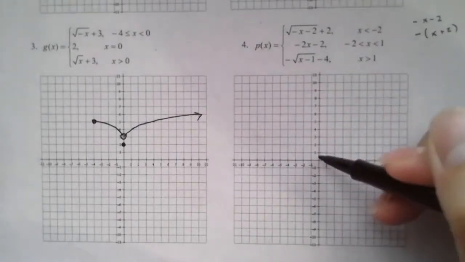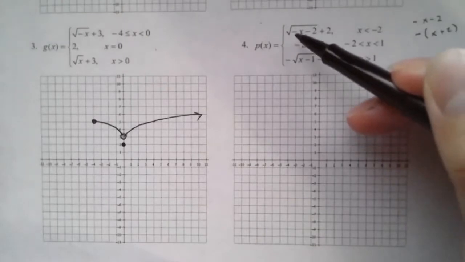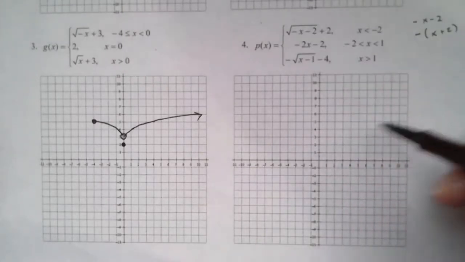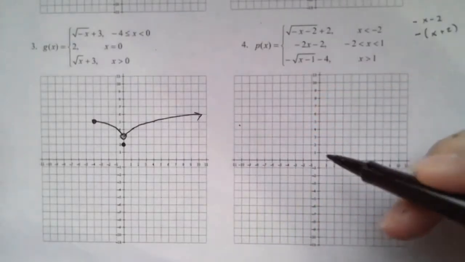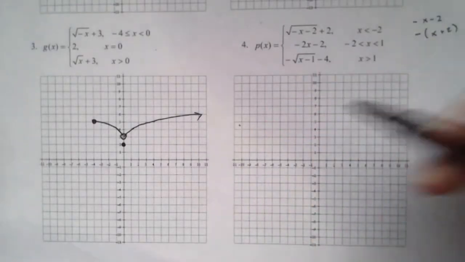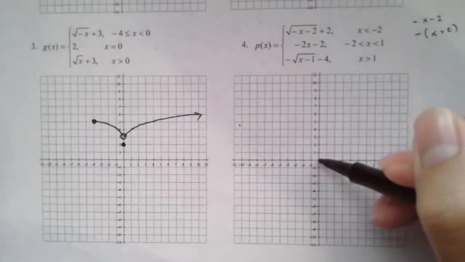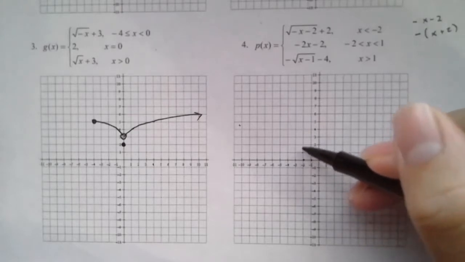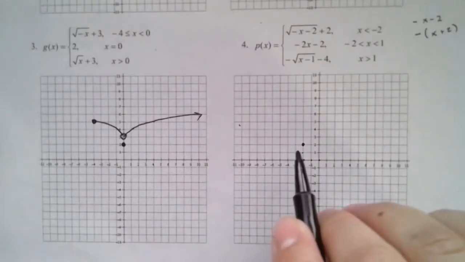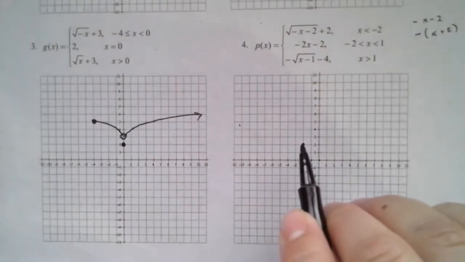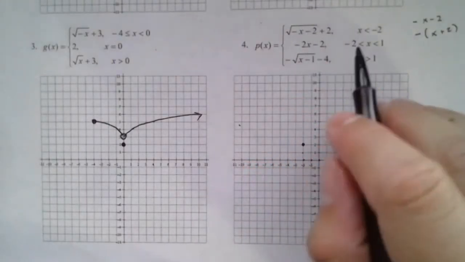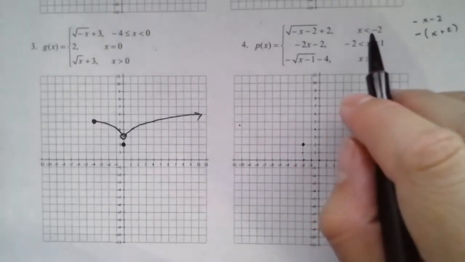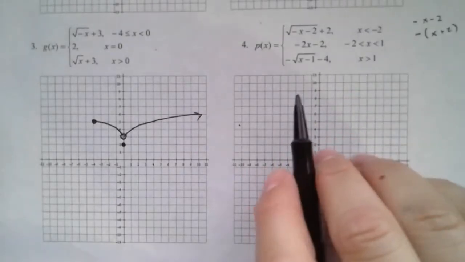Also there's a reflection over the y-axis. So instead of going this way, I go this way. So from the origin, I shift to the left 2, and then I go up 2. So right here. This is where my radical will start. This is x is less than negative 2, so it's true for everything going this way.